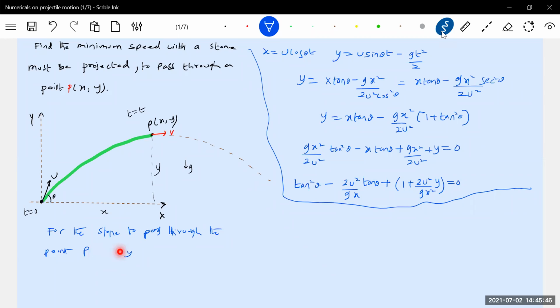It's understood, no? Then the quadratic equation we have, discriminant. Discriminant must be real.